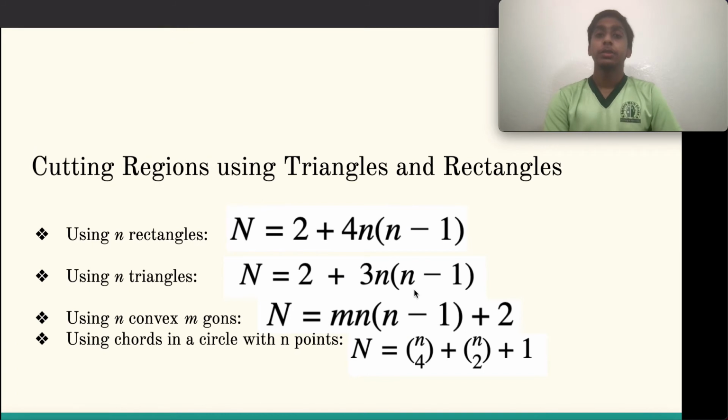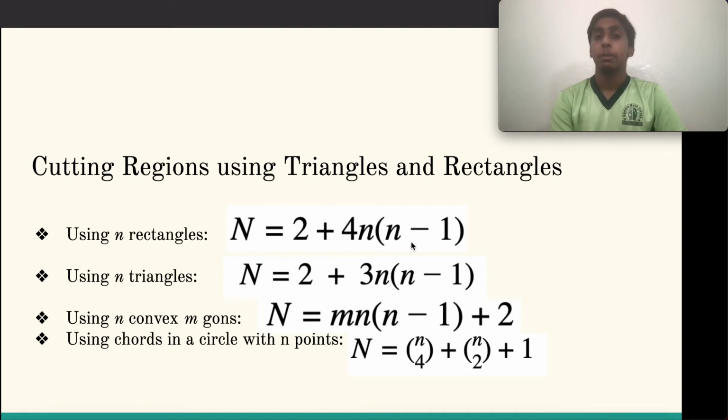Okay, so now we can do the same thing with rectangles and triangles, or even m-gons or n-gons. Again, an m-gon or n-gon is just a polygon with a set number of sides, represented by your m or your n. Using n rectangles, you can create 2 plus 4n times (n minus 1) regions.